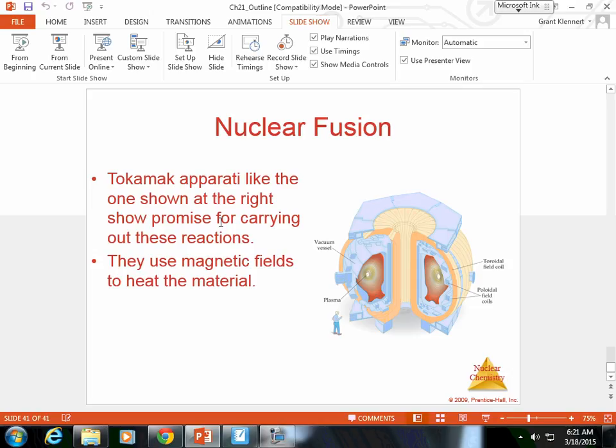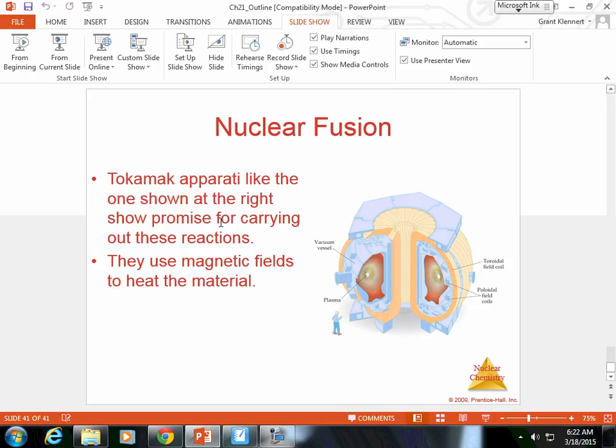So fission is when we bombard a radioactive atom with a neutron and set off a chain reaction where it breaks apart into other atoms, and more neutrons to continue the reaction. That is fission. Fusion is where we combine atoms to make a higher atom.